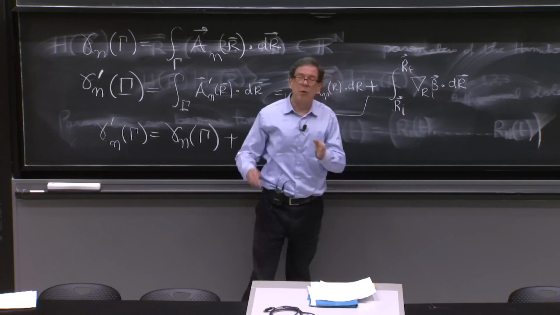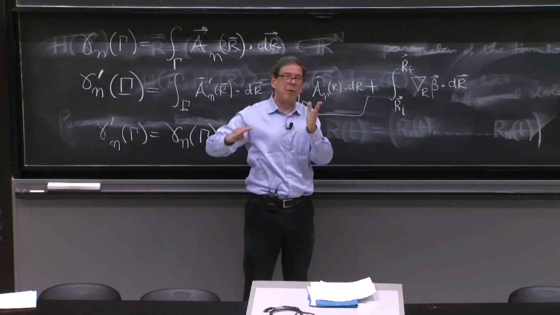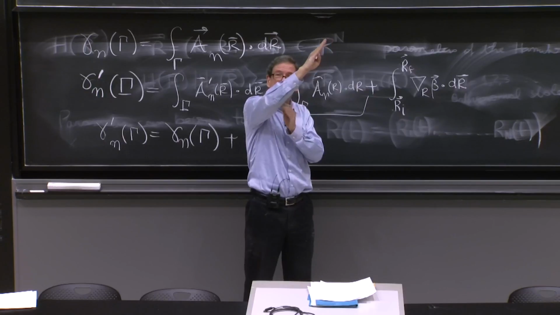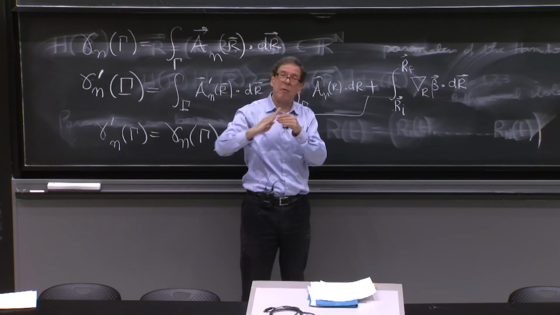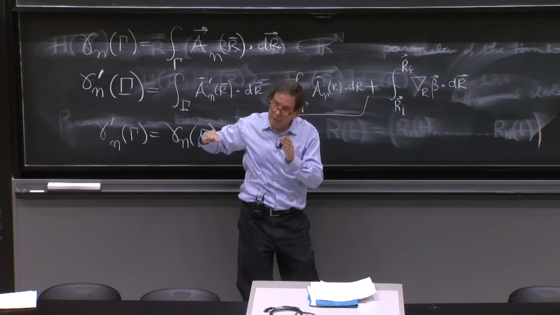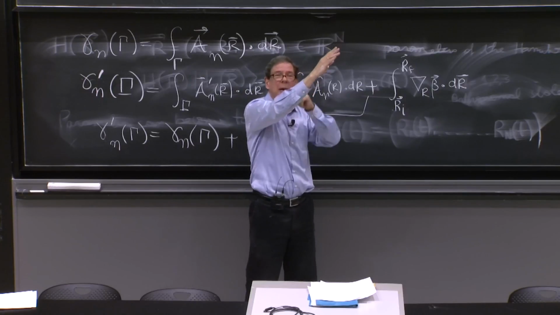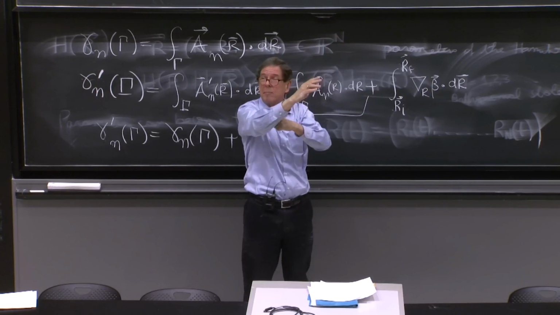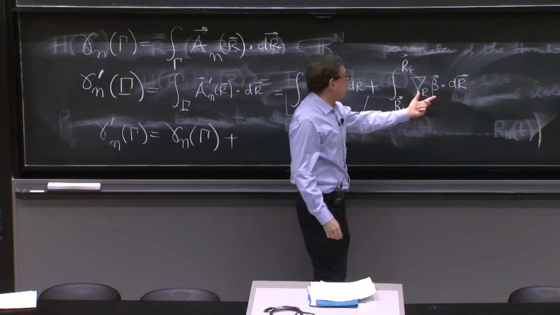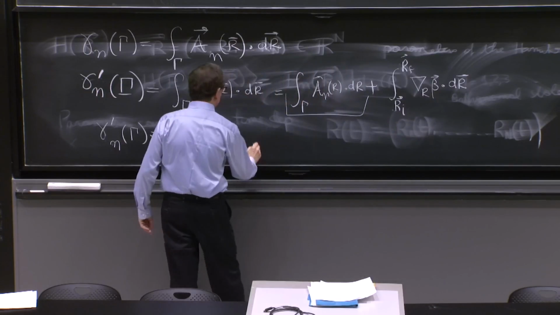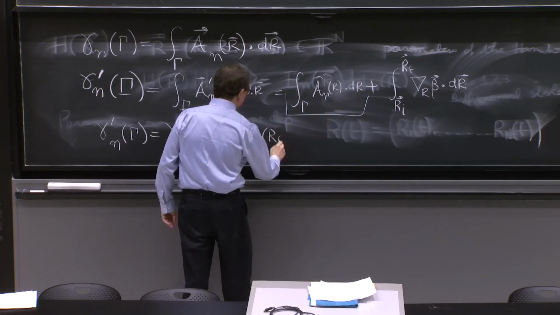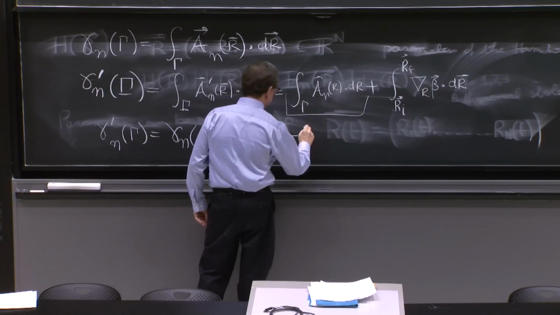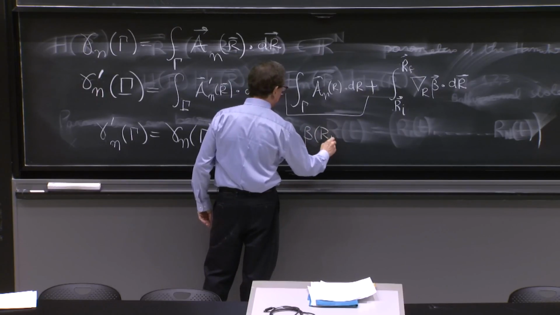This is like when you integrate the electric field along a line, and the electric field is the gradient of the potential. The integral of the electric field through a line is the potential here minus the potential there. So here this is plus beta of Rf minus beta of Ri.